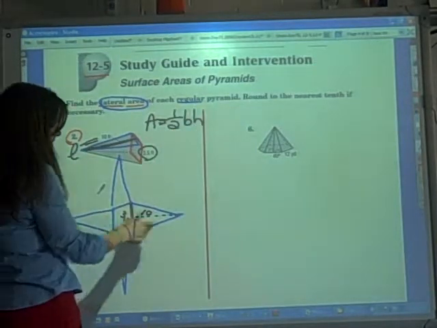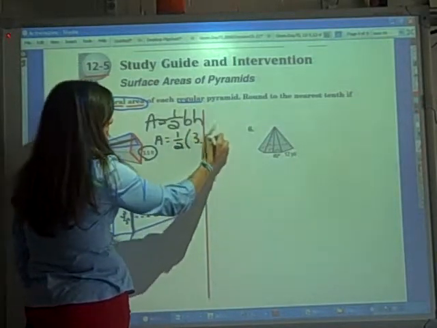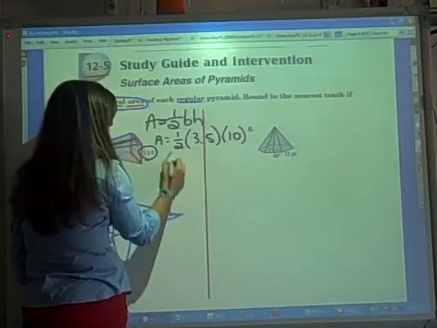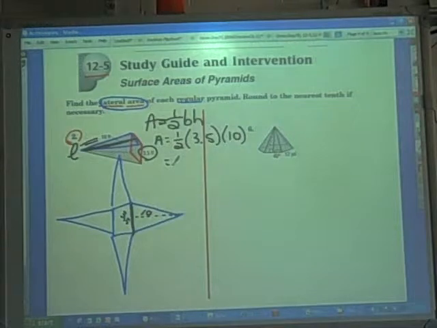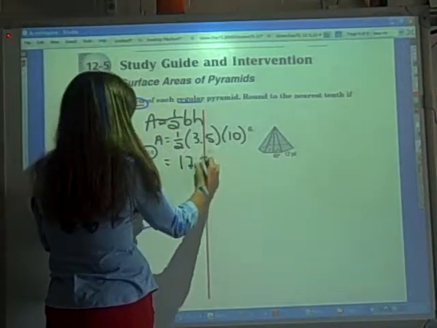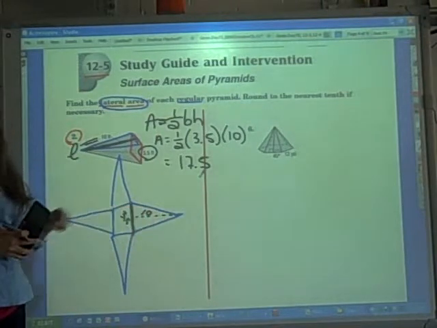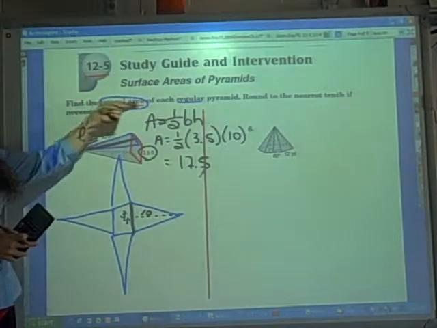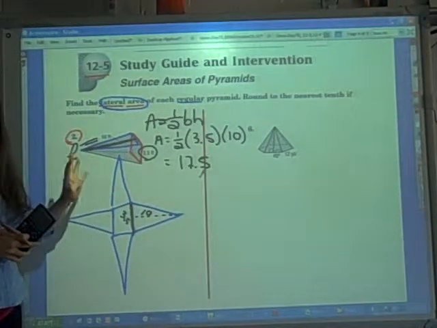Okay, so here we are. We've got enough information. We plug it into our formula, 1/2 times 3.5 times 10. When you plug this in your calculator, your area is going to be 17.5. That's going to be the area of one of your triangles. If you want the lateral area, then take a look. You have 4 of those triangles.